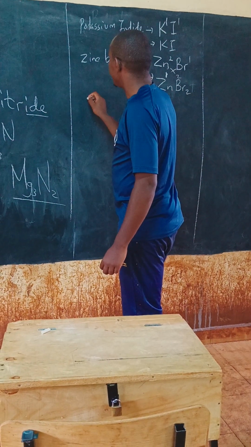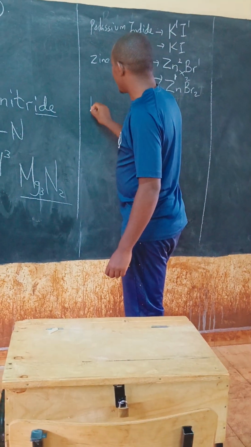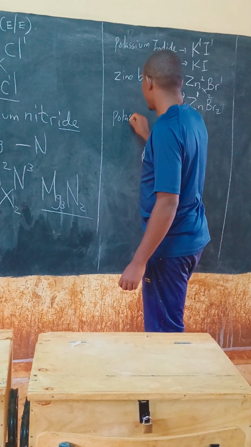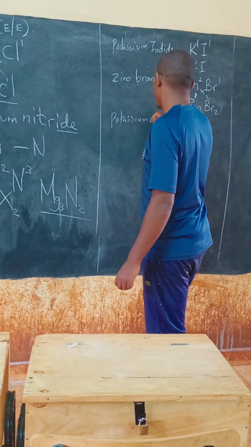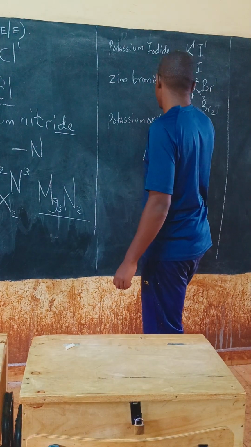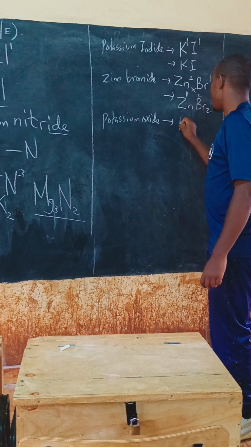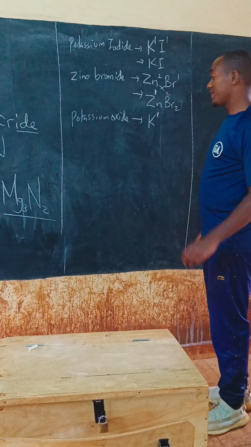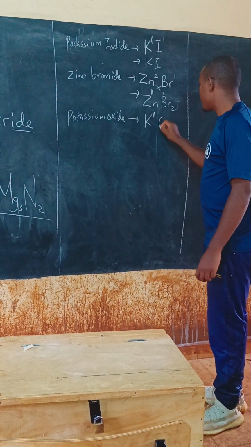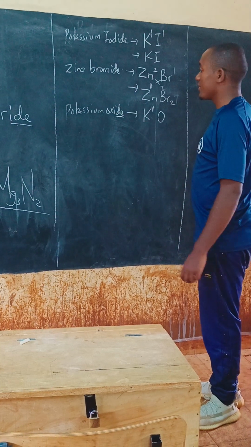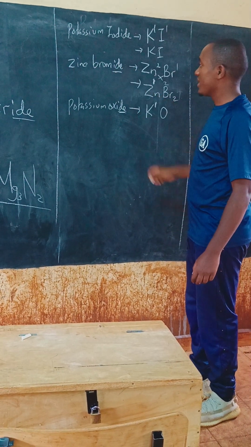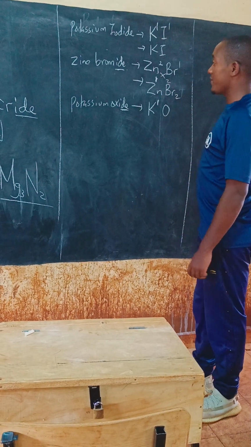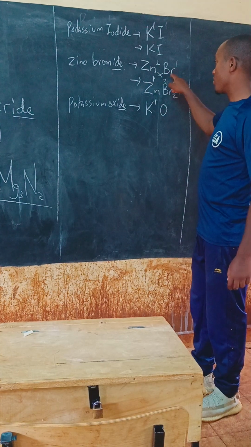Another one, we have potassium oxide. Potassium is in valency 1 because it loses 1 electron, and we discussed valency. And oxide means that we have 2 elements. In bromide, remember, it ends with IDE, therefore we have 2 elements, zinc and bromine.